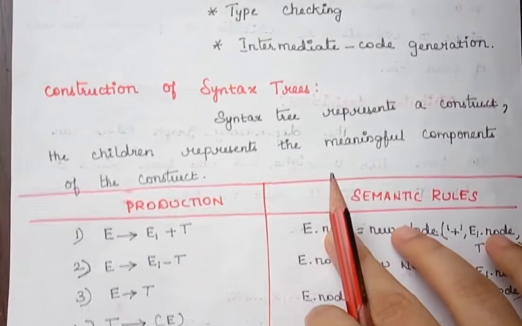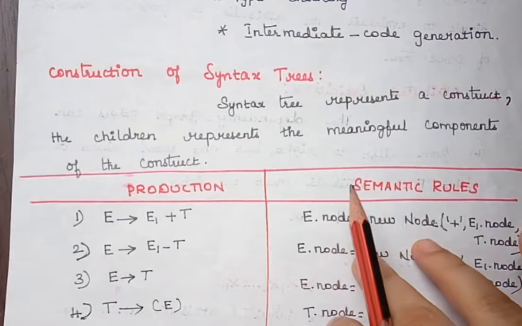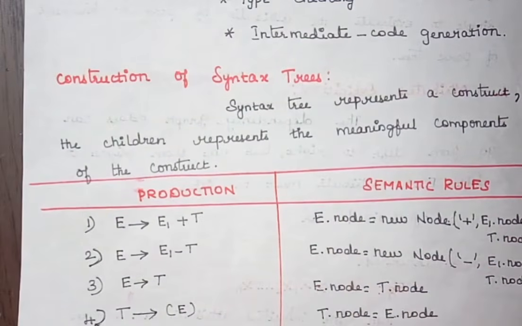We know that the syntax tree consists of a number of nodes, and each node in the syntax tree represents a construct, and the children of that node represent some meaningful components of the construct.